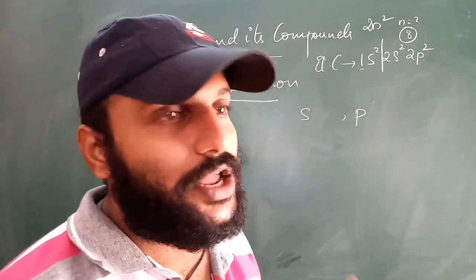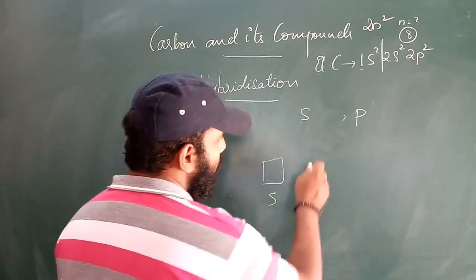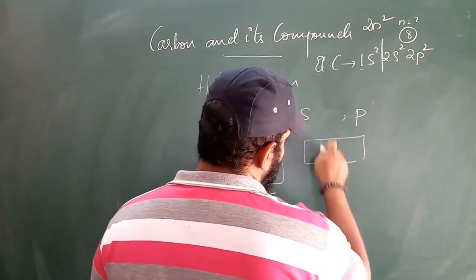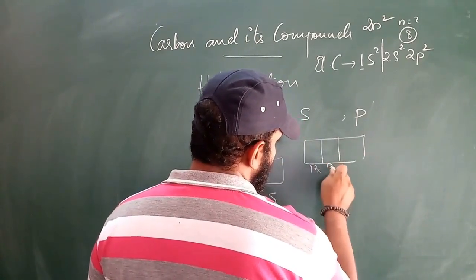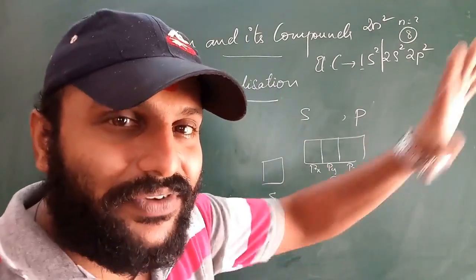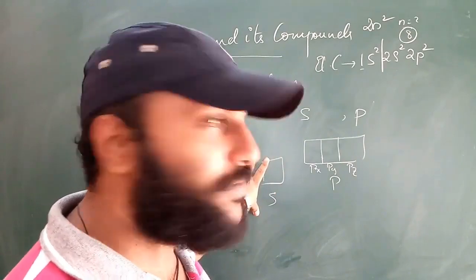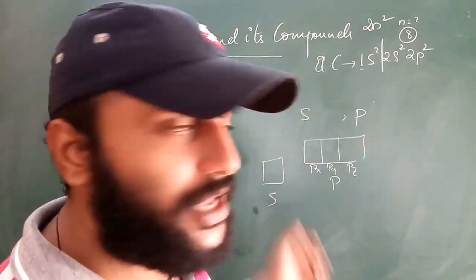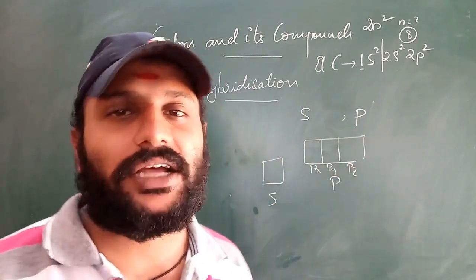Now if you observe the ground state, this will be our s orbital and this will be our p orbitals, px, py, pz. There will be a difference in the energy level. The energy of the s orbital will be less compared with the energy of the p orbital.